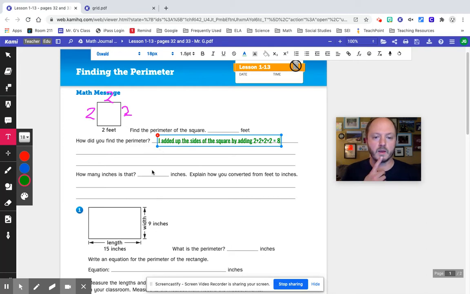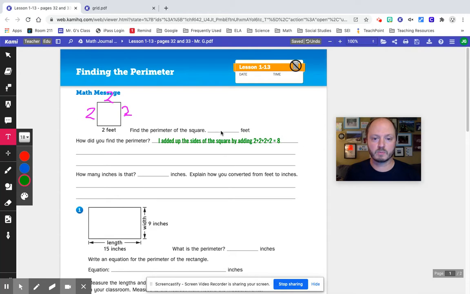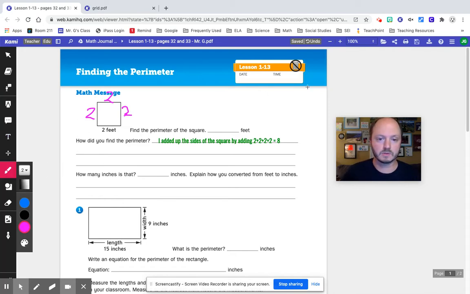Okay, now the second part was finding this in inches, or converting that answer to inches. And we have to make sure we put our answer here too. It's 8 feet, right? That is an important piece of any answer, that we make sure we have our unit if it's a word problem.